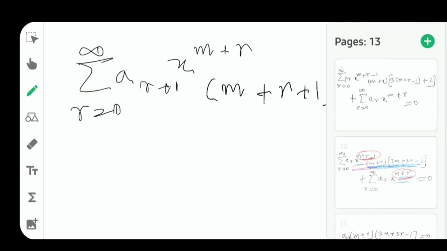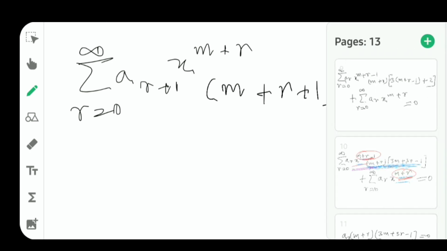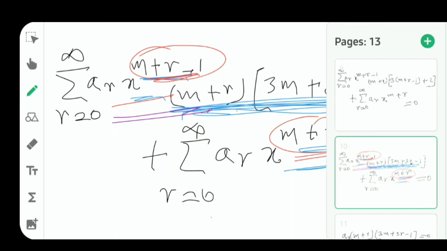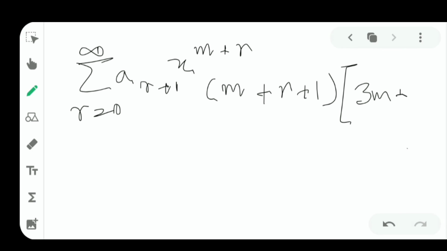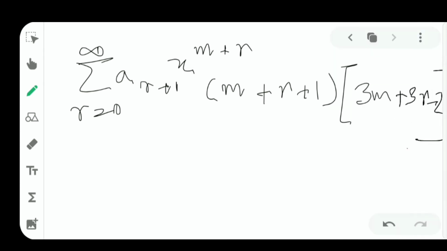Here we get 3r plus 1, and if you put r plus 1, it will be 3r plus 3, and minus 1 will be 3r plus 2. So there will be plus 3r minus 2, and this term is the same.